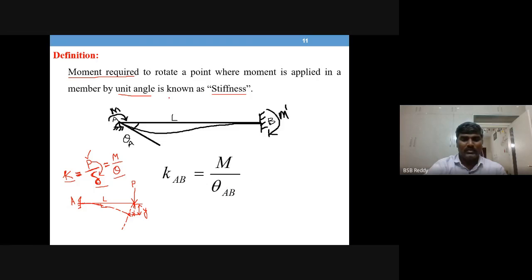So what does that definition mean? If I rearrange that equation, M is equal to K into theta.